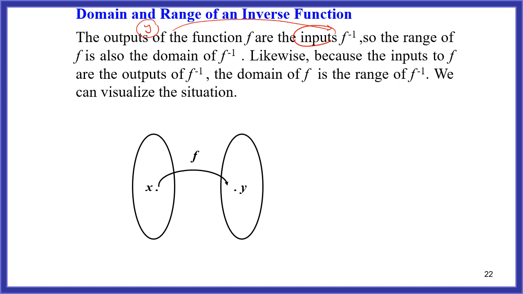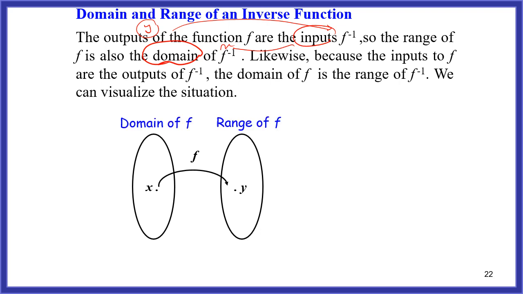What is the output for f inverse? It should be x. So the range of f is also the domain of f inverse. The y will be the domain of f inverse. Likewise, because the inputs of f are the outputs of f inverse, the domain of f is the range of f inverse.